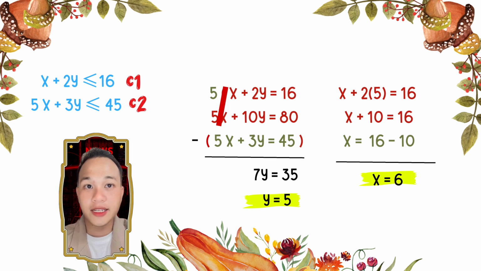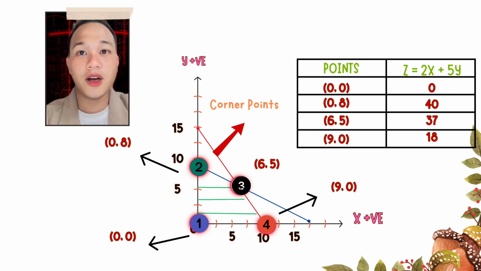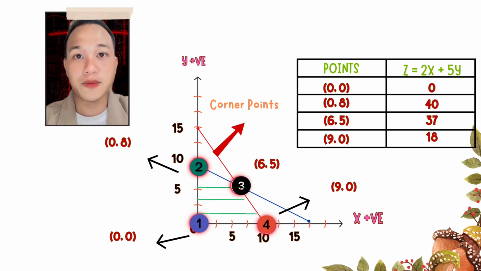Next, I determine the optimal solution point by finding the corner point that gives the best value of the objective function. The objective function was to maximize 2x plus 5y. As you can see here, the objective function value is sometimes represented with z.